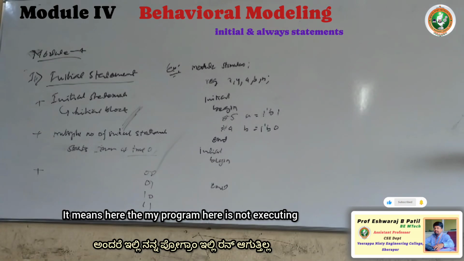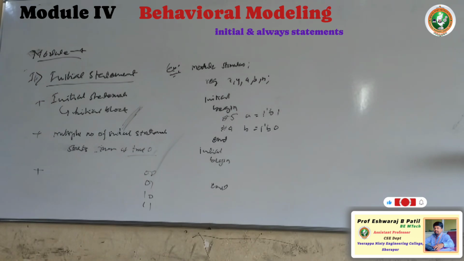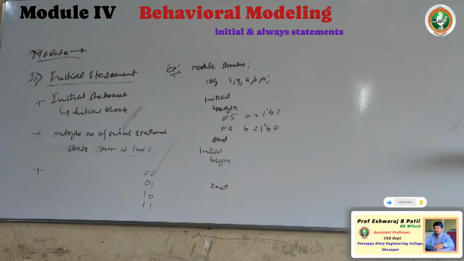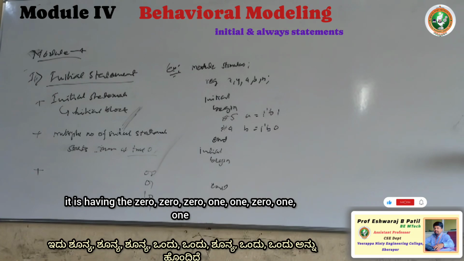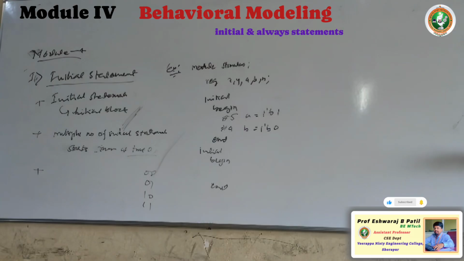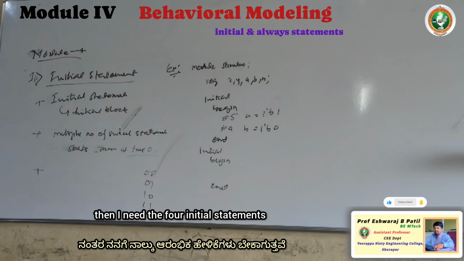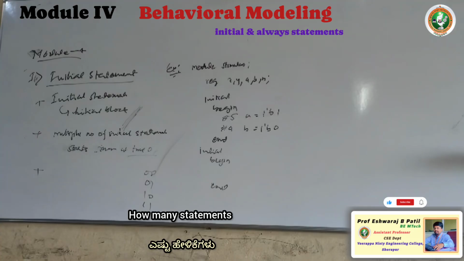For setting the input data we need the initial statement. For every set of inputs we need an initial statement. If I have four combinations of inputs, then I need four initial statements.